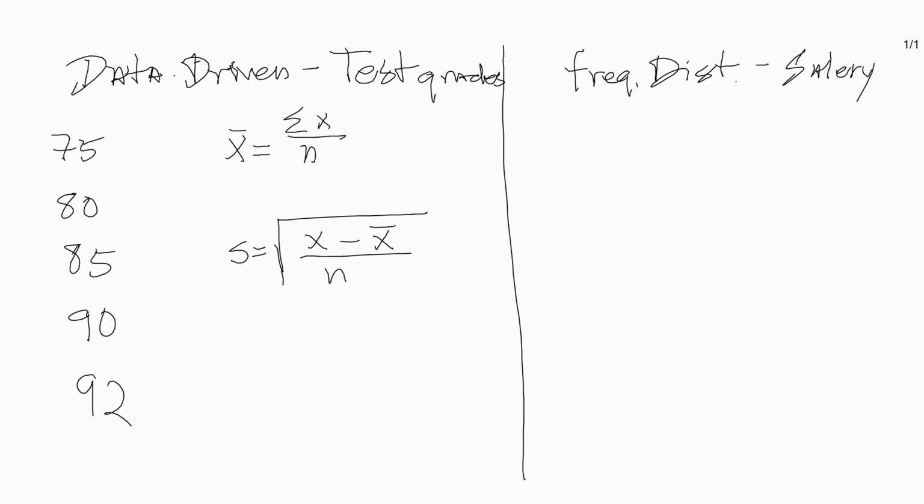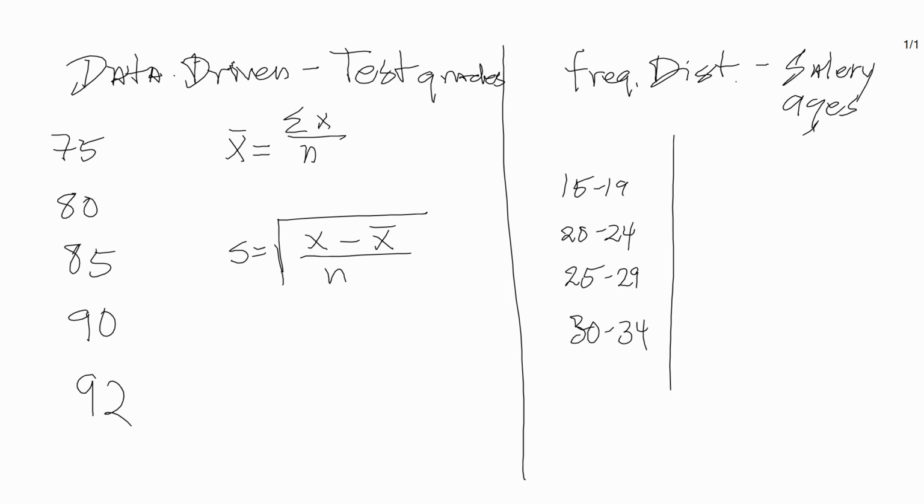The salary classes, or your ages: 15 to 19, 20 to 24, 25 to 29, 30 to 34, and I'll stop right there. You can go further if you want to. And then you have f: 2, 4, 6, 2. Now you see the difference between the two.